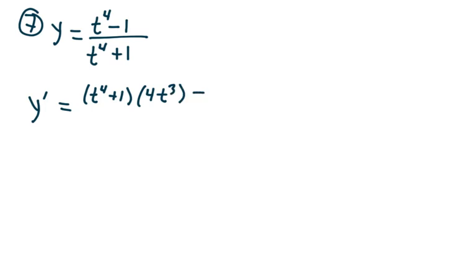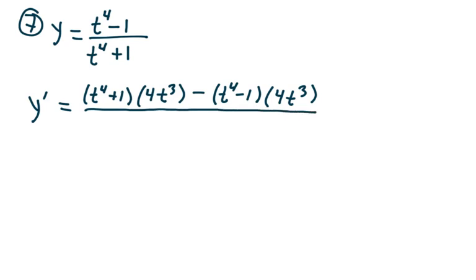Minus, then I'm going to write the top function, which is t to the 4th minus 1, times the derivative of the bottom function, which is 4t cubed. And I'm going to divide by t to the 4th plus 1 raised to the second power. And this is one where we need to simplify for sure.